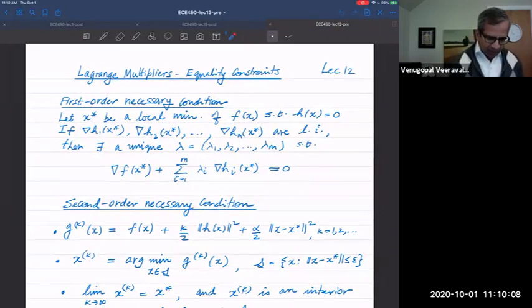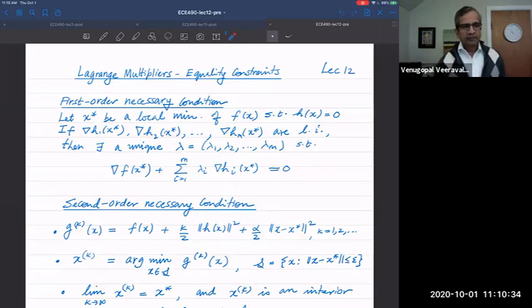Here's a recap of the first order necessary condition. If x star is a local minimum of the constrained optimization problem, and if the gradients of the h_i are linearly independent, then there exists a unique lambda such that this condition holds, the Lagrange multiplier condition.